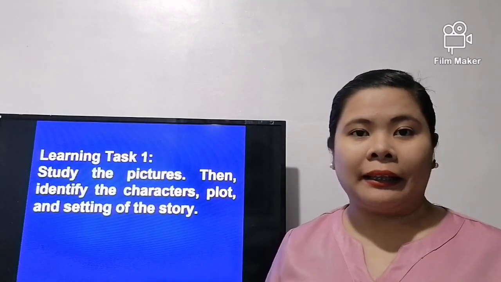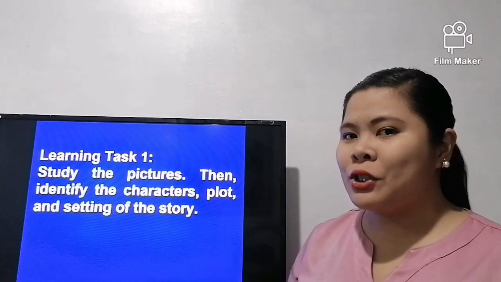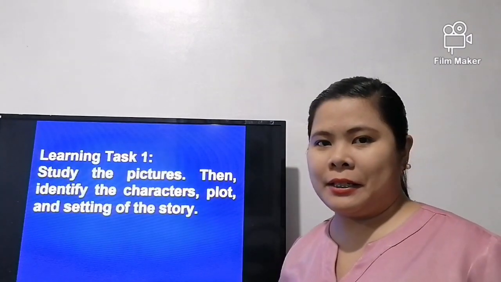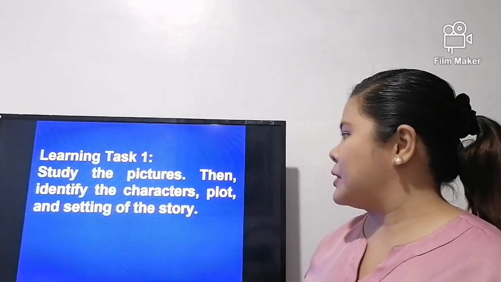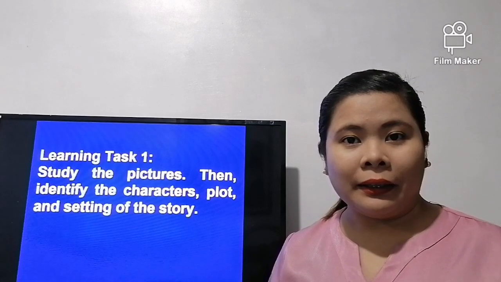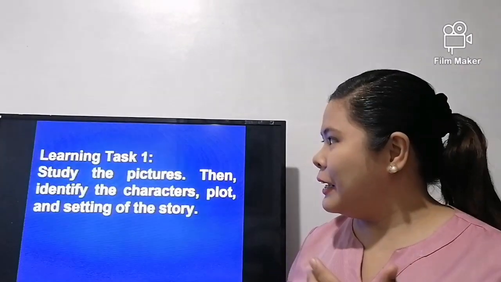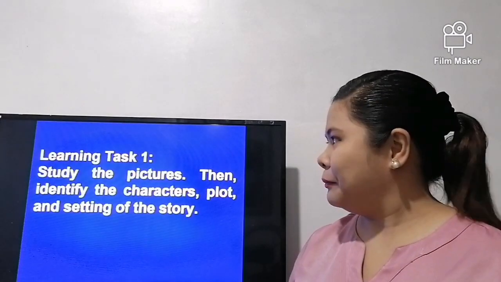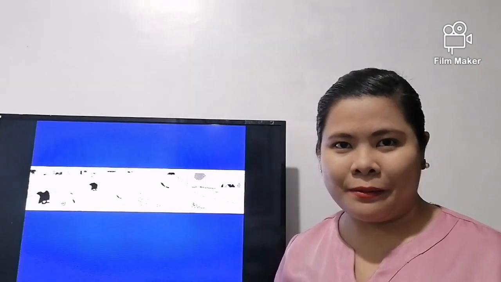Our very first learning task is this. You have to study the pictures. Then, identify the characters, plot, and setting of the story. Alright? So, you will see the picture. I have here 4 pictures.